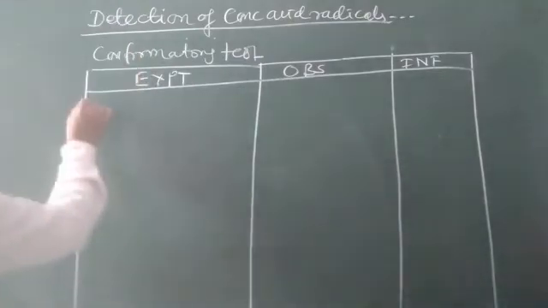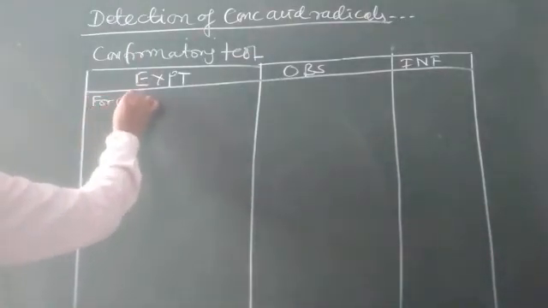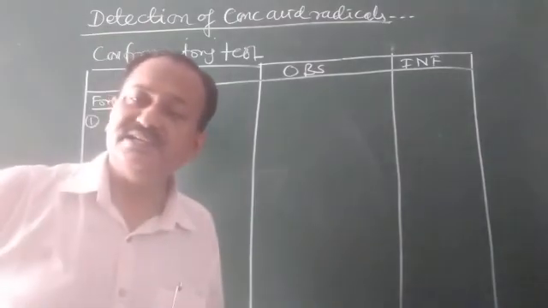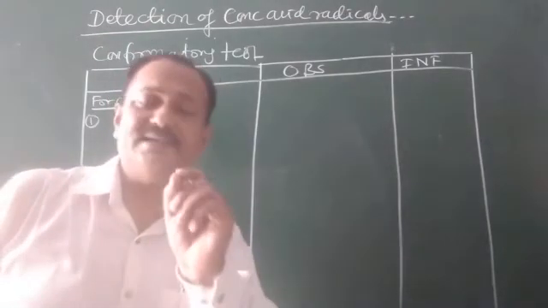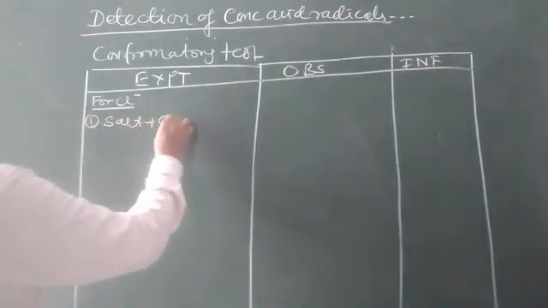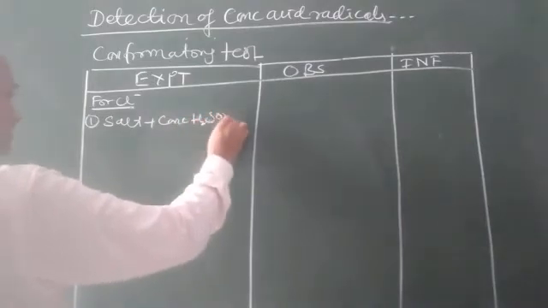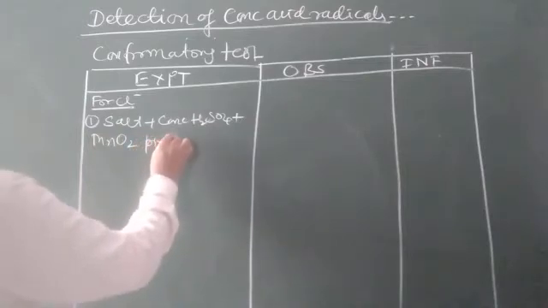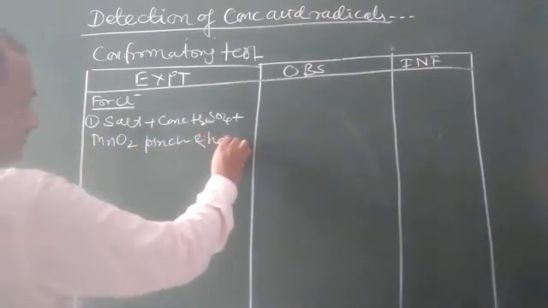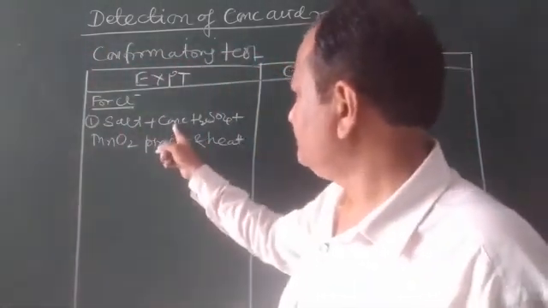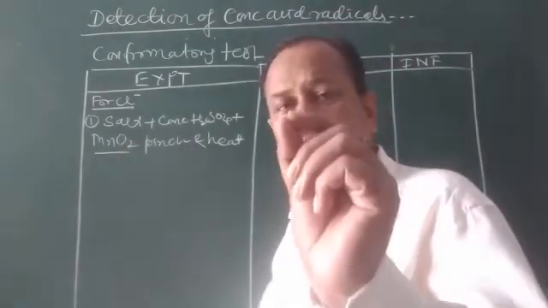Confirmatory test for the chloride. First, we take the salt, and the salt is heated with concentrated sulfuric acid, adding a little amount of MnO2. So take a pinch of salt, add concentrated sulfuric acid and a little MnO2, and heat.